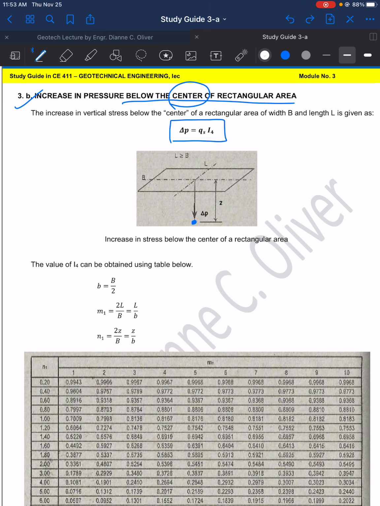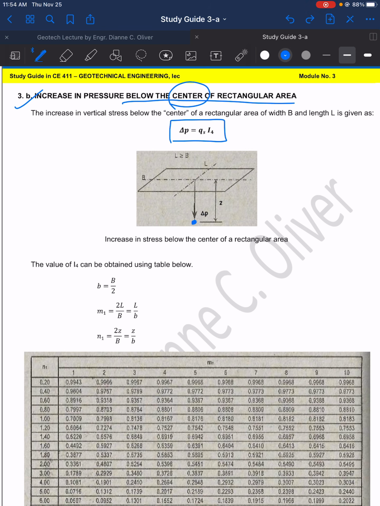Now you have to take attention here. Our point A is already at the center of the rectangular concrete slab. So our formula to be used is delta P equals Q sub S times I sub 4. We already know what Q sub S is, that is 120. How do we get I sub 4?